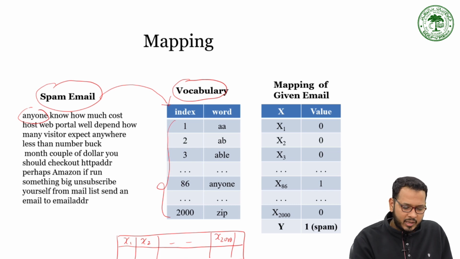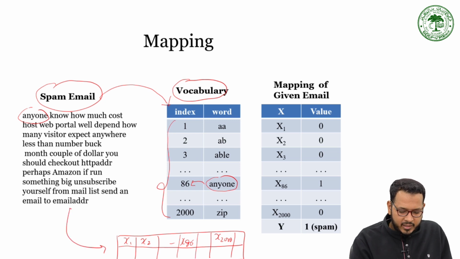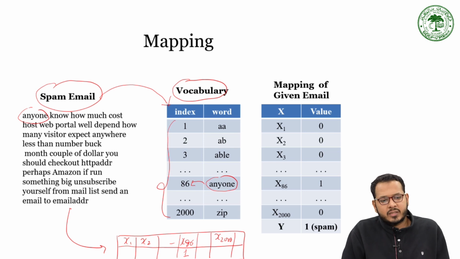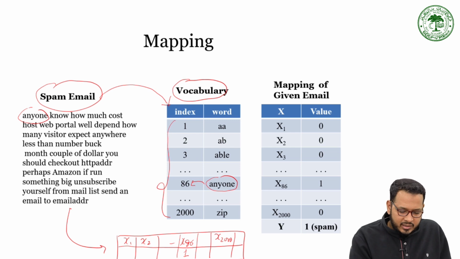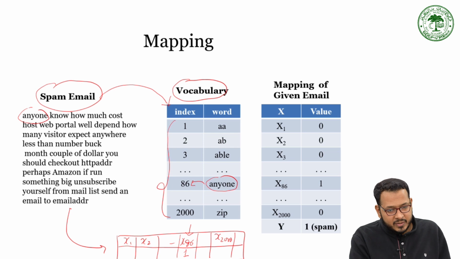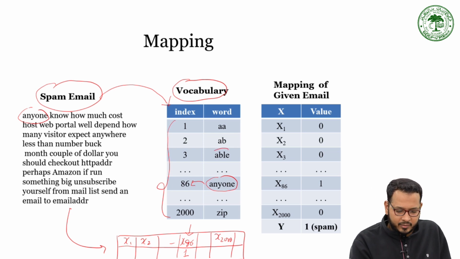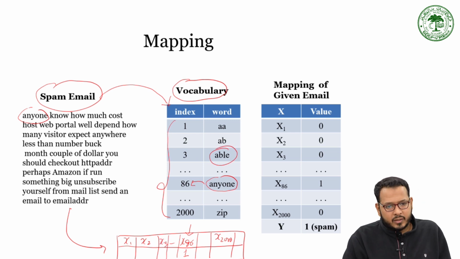So anyone appears at index number 86, so there is somewhere x86 also, and corresponding to this email we make its entry as 1, which means that when we compare the email with the vocabulary, the 86th term of the vocabulary actually appears in this email. Let's also check able, which appears at x3 in this new table.